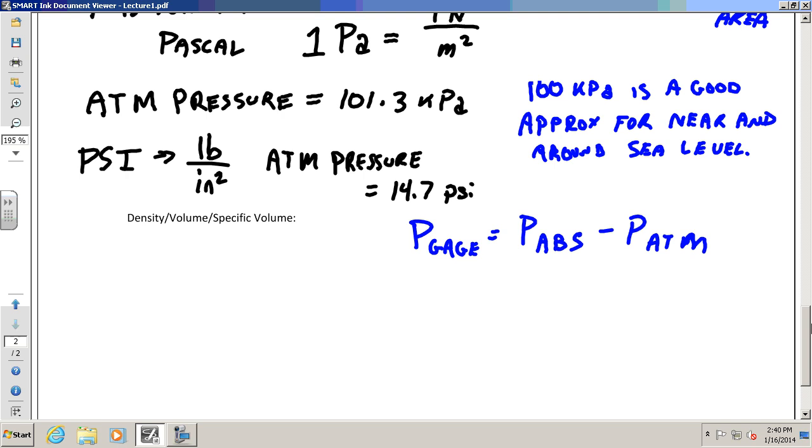The absolute pressure in the tire is going to be 14.7 psi higher than what you measure, because what you're measuring is the difference between the outside pressure and the inside pressure. So to get the absolute pressure, you have to add in the atmosphere. Just something to remember, because there will be occasional problems that give you the gauge pressure.